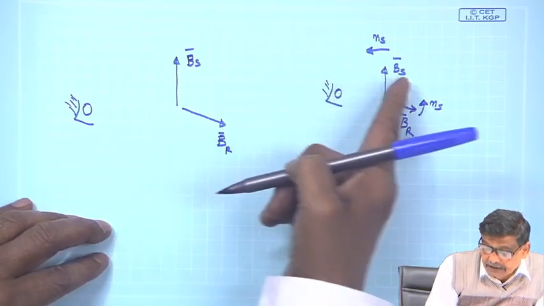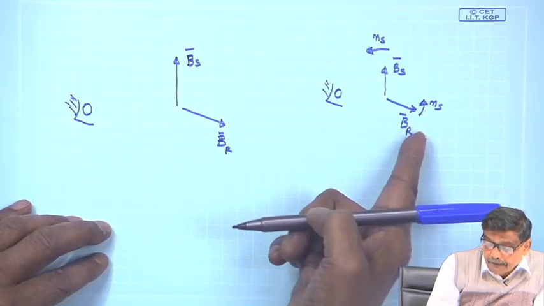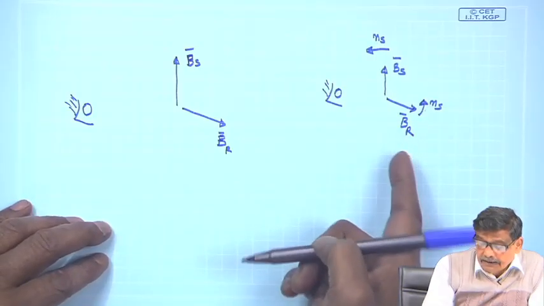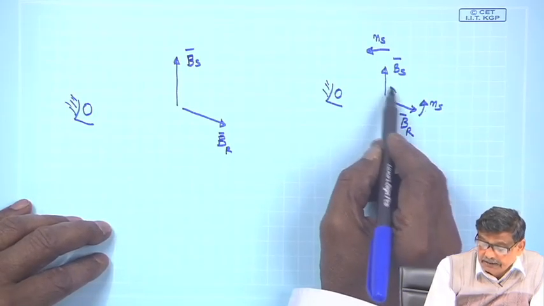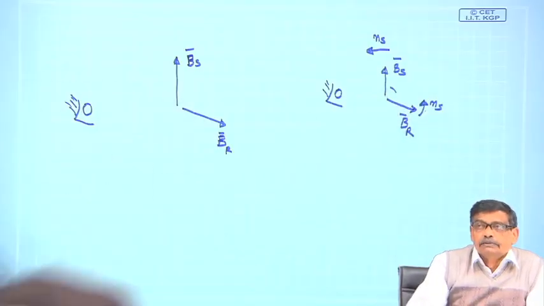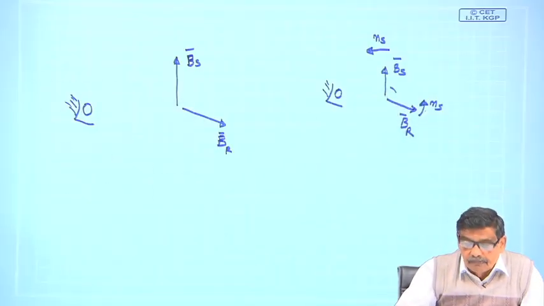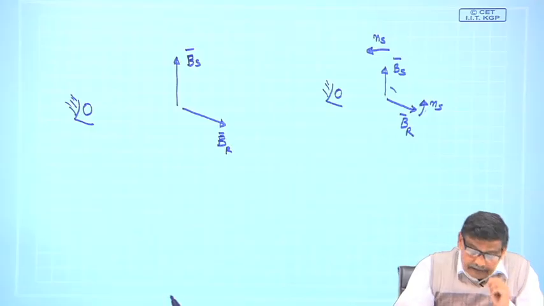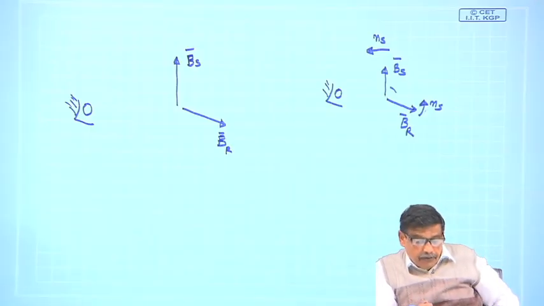Whatever speed he sees B s, the same speed he must see for B r, such that the angle between them is constant and it will have a rotating magnetic field. I hope you have got the point.